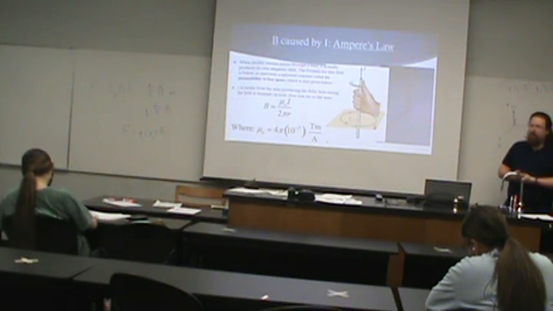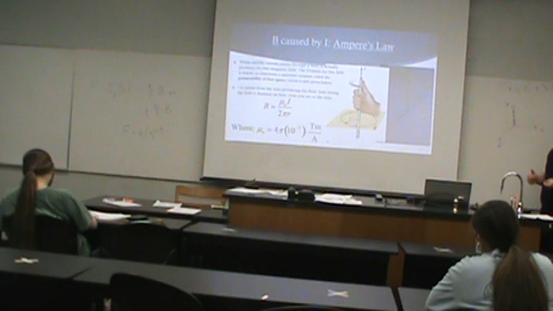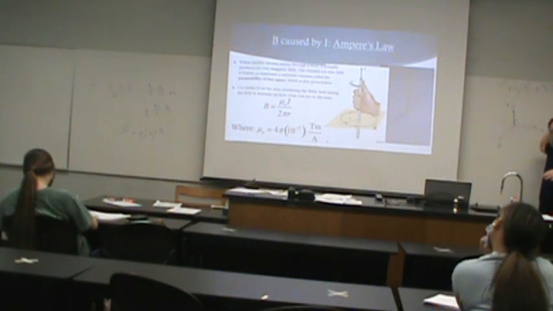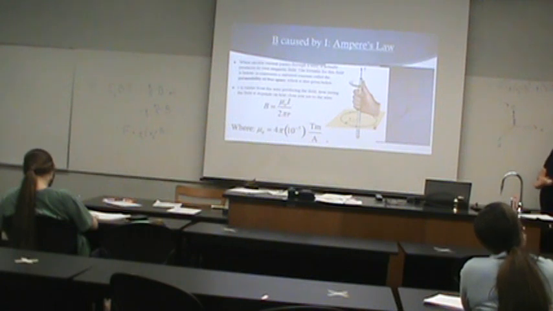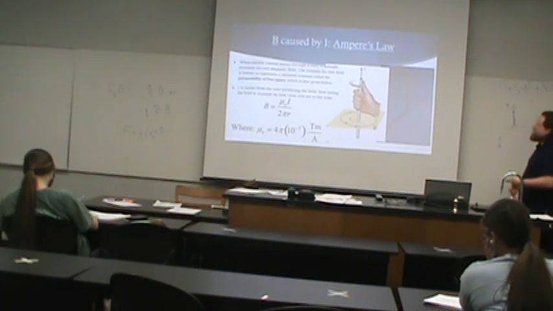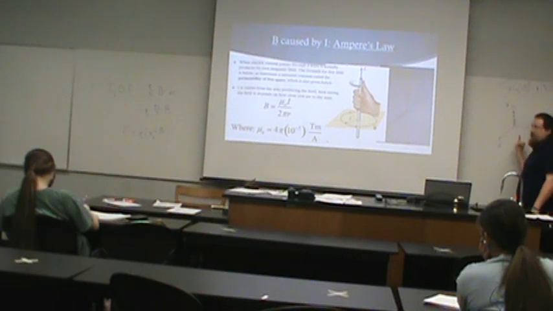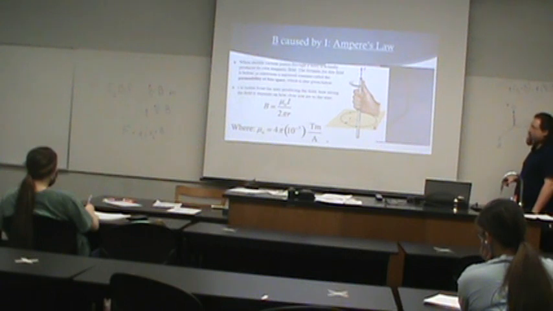You run current through a wire, that wire makes its own magnetic field without any other outside help. As long as current runs through a wire, there is a magnetic field being produced. And this is the field that will spiral perpendicularly out of the wire itself at a certain radius away from it.